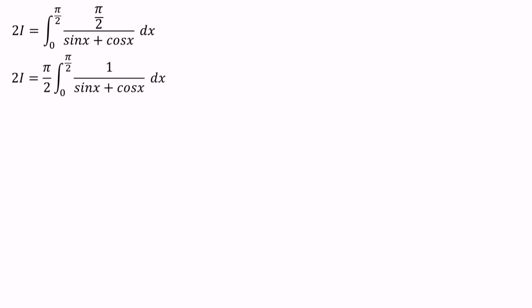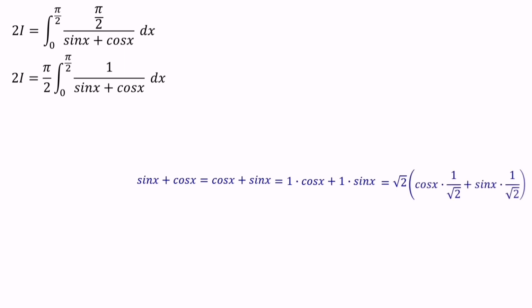Sin x plus cos x we can write as cos x plus sin x. Coefficient of cos x is 1. Coefficient of sin x is 1. Then we can take a common factor root 2. Then we can write within brackets cos x times 1 over root 2 plus sin x times 1 over root 2. First 1 over root 2 we can consider as sin pi over 4.